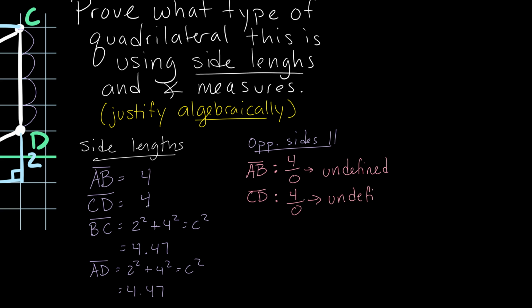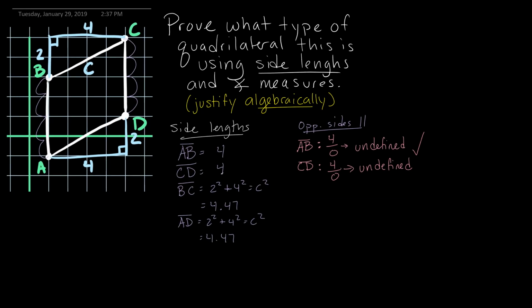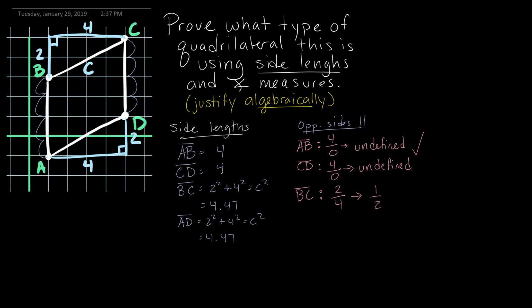Are these slopes the same? Yeah. Therefore, these lines are parallel. Good. So now, BC. How do we find the slope of BC? Rise over run. 2 over 4, which simplifies to 1/2. And then AD. Again, 2 over 4, which is 1/2.